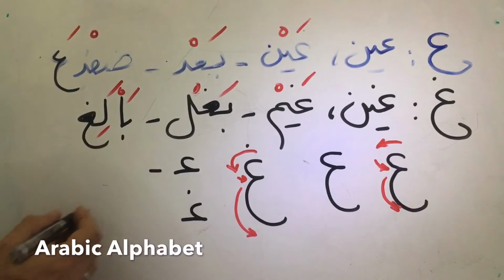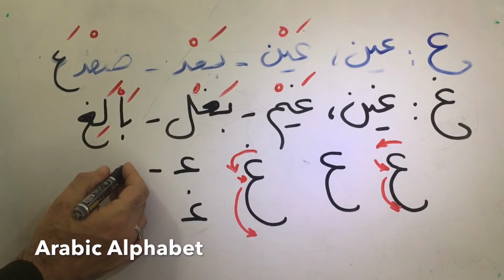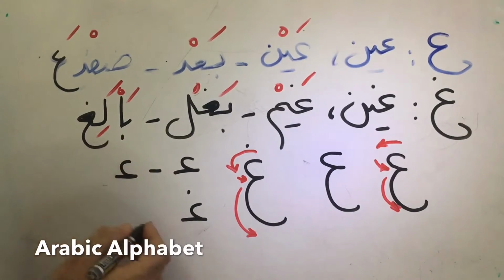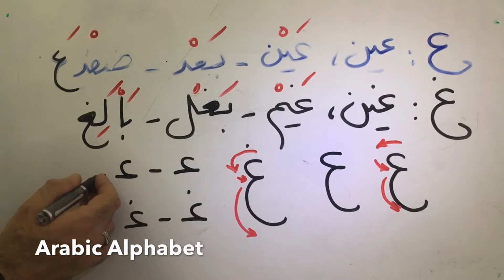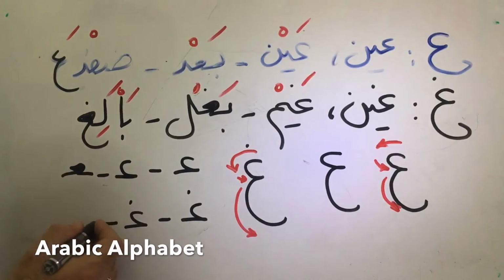In the middle it is either like this, the same, or if it is connected by the letter before and after, it is like this. This is also in the middle of the word.